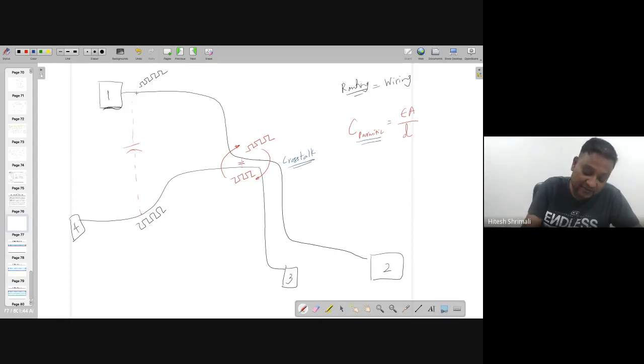Along with that, you might be interested in sending logic 0 and logic 1 as follows. But what will happen if it is a longer wire? Along this wire, you might not have just capacitance, but you will have a few more resistances also, which is known as the path resistance.